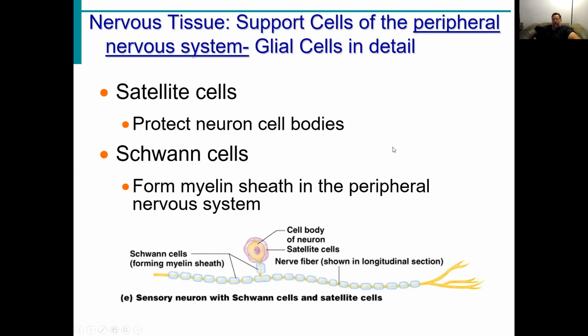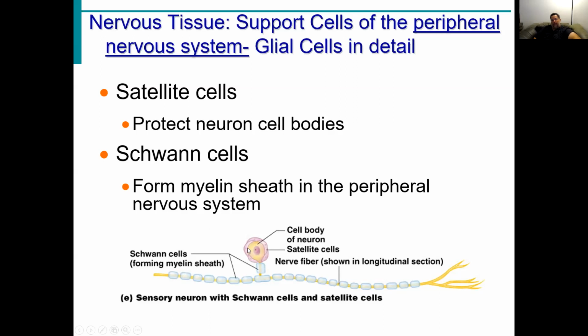Satellite cells are cells that surround the cell body of a nerve. In this case, this looks like a pseudo-unipolar neuron. If you look at the pseudo-unipolar neuron, you can see the cell body here. You can see a nucleus, and then that little dot there is probably the nucleolus that makes the ribosomes and so forth.